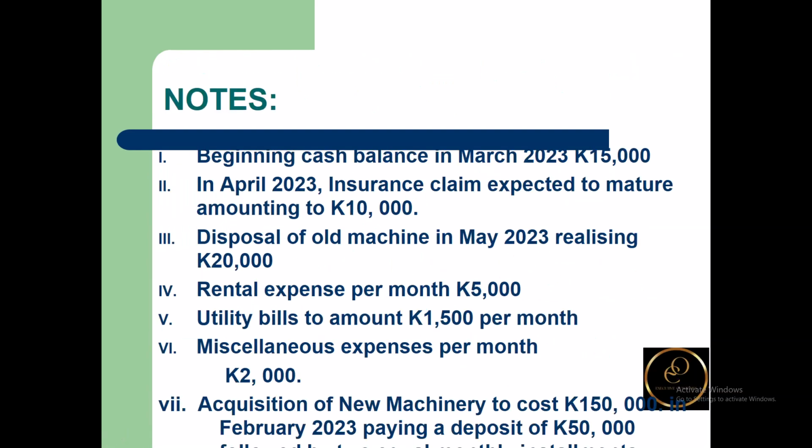which follows is the acquisition of a new machine that costs 150,000 in February 2023, where a deposit of 50,000 is paid and the balance is paid in the following 2 equal monthly installments. Meaning that if the purchase of the new machine is expected in February, then 50,000 will be paid in February itself, then the other 50,000 will be paid in March, and the third 50,000 will be paid in April.